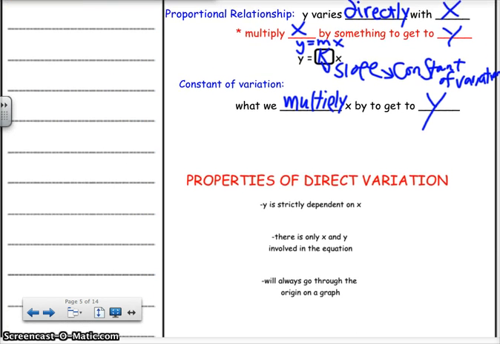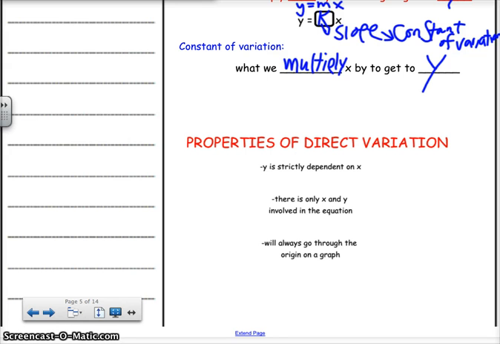Here are some properties. Y is strictly dependent on x. That's what I've said before. Here's the biggie. There is only x and y involved in the equation. Y equals kx. Something times x. I do not have a plus or minus something. I actually have a plus 0.